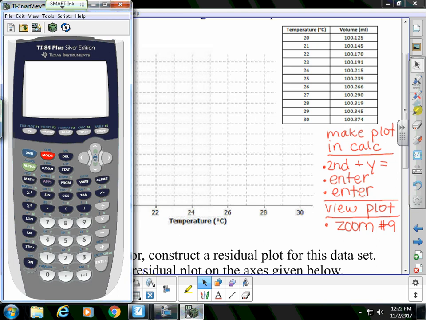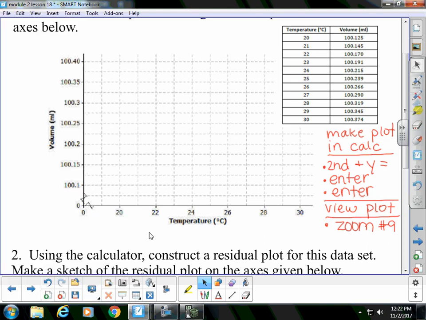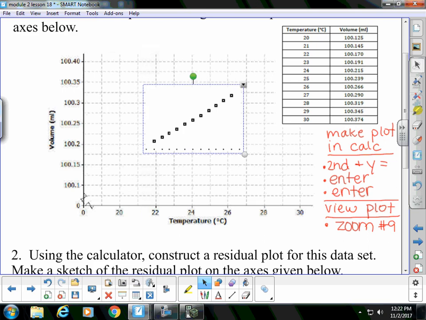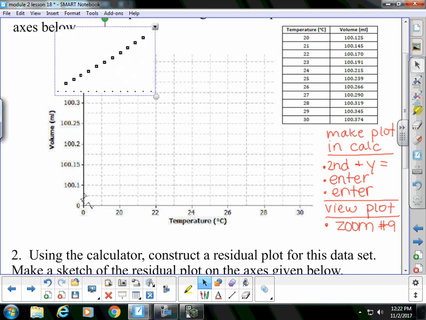Okay, so zoom's up here. And then number 9, if you scroll down and look at what number 9 says, it says ZoomStat. Everything that we do is about stats right now because we're doing statistics. And there's our scatter plot. That's what it should look like. Looks pretty linear, but it might be cool. Okay, so that's what our plot should look like.